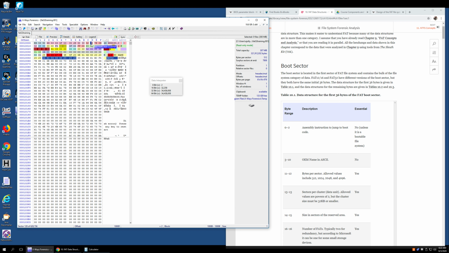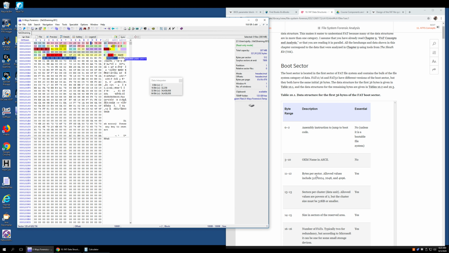So if we had to recover that 1000 byte file, we would be looking at a total of 2 sectors, because allocation only goes in multiples, with allowed values like 512, 1024, 2048, 4096, 8192, and so on. So that 1000 byte file would actually be assigned 2 total sectors.